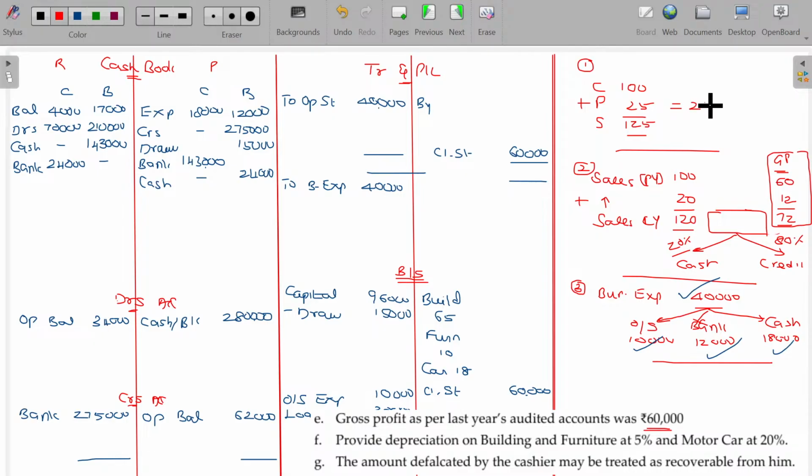Sorry, the current year GP being 72,000. As 72,000 being year profit, which is 25. Then what about the cost? 4 times of that. Okay.